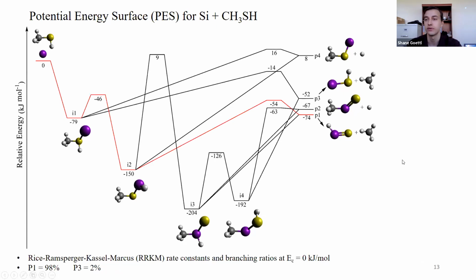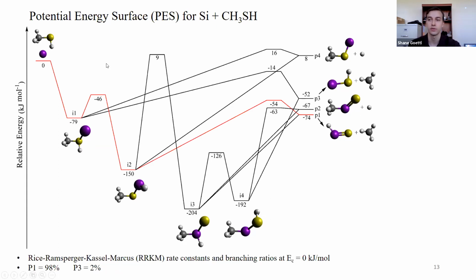So we see that there is no experimental evidence of P2 or P4 since we saw no signal for the H-loss channel. Plus, there is also a high barrier for the methyl migration, which would be inaccessible in cold environments such as molecular clouds.